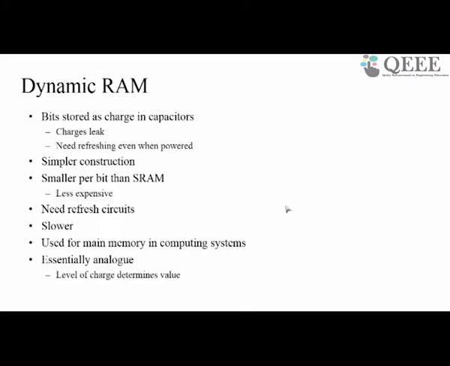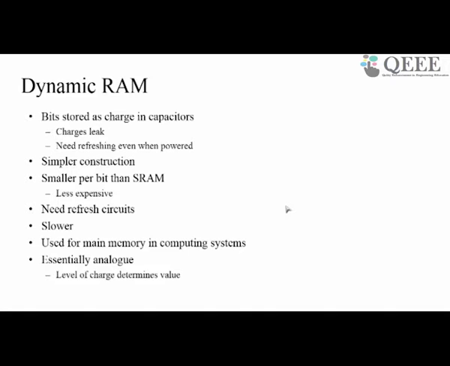So when it comes to DRAM, the bits are stored as charges in a capacitor. The charge leaks, therefore there is a need for refreshing even when there is power. But the construction is simpler because it is basically a capacitor which stores a charge. So it occupies less space in the IC and therefore it is less expensive, but there is a need for complex refresh circuitry.